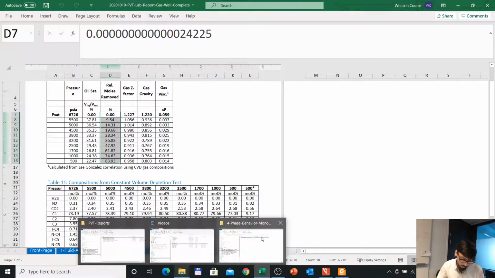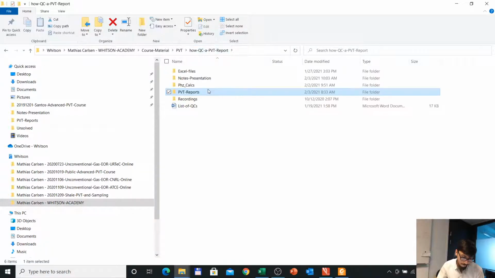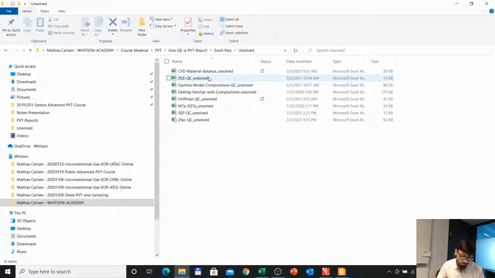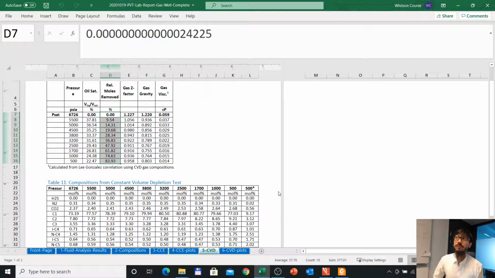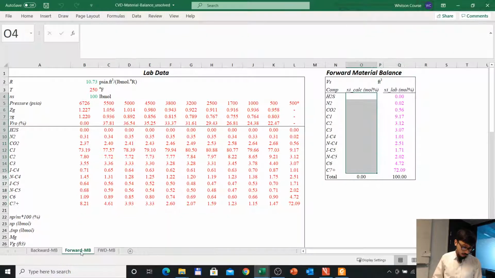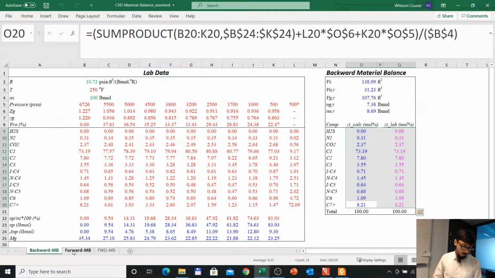Okay, so we did the backward material balance, and now we can try to do the forward material balance. Again, all the data is there. It's the same as in the backward material balance.